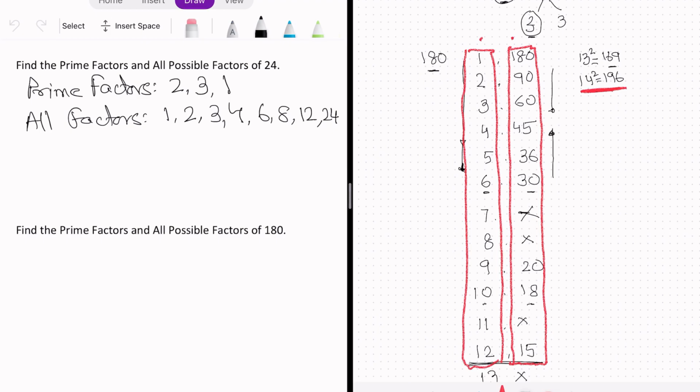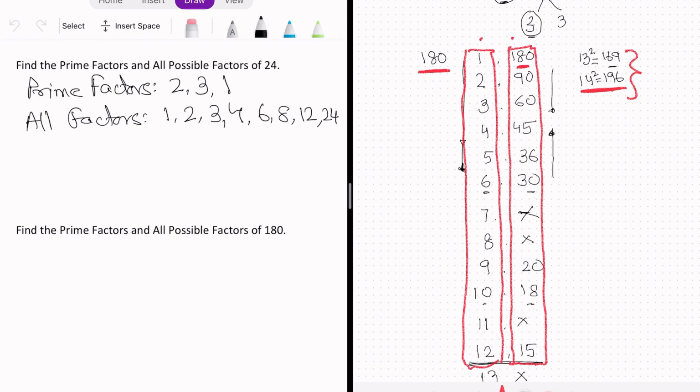For each row, we find what the corresponding factor would be to give me 180. Now the thing to note is the calculation that I did on this side. 180 lies between 13 square and 14 square. It's slightly more than 13 and slightly less than 14.